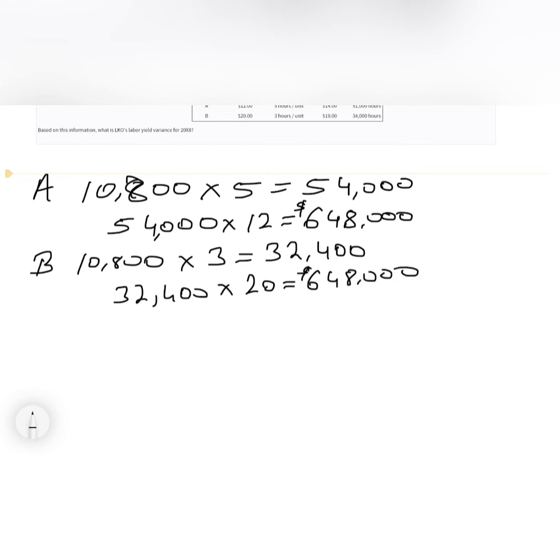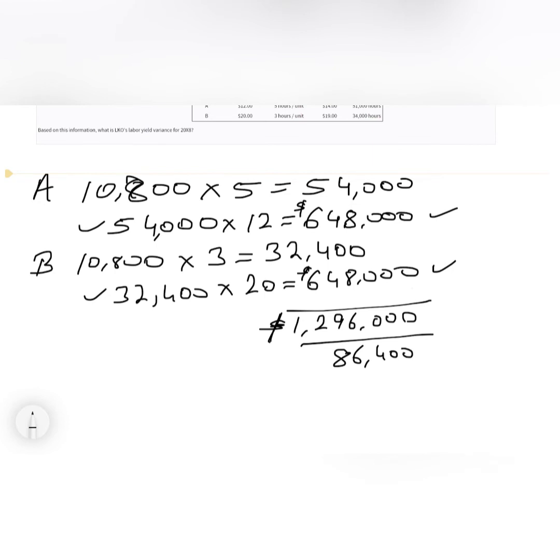So in total, if you add these two numbers, you're supposed to spend $1,296,000. If you divide that by the total number of hours, 86,400, that's 54,000 plus the 32,400, it will give you an average rate of $15.